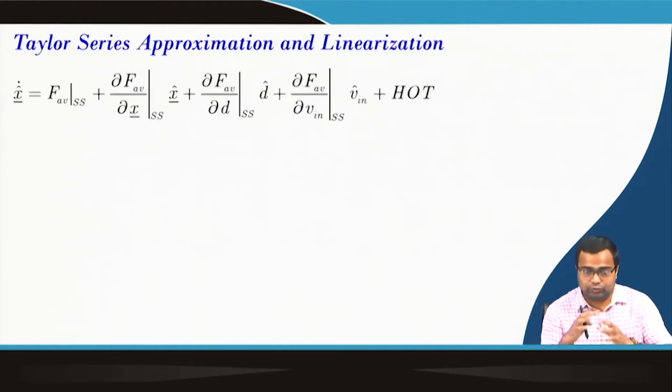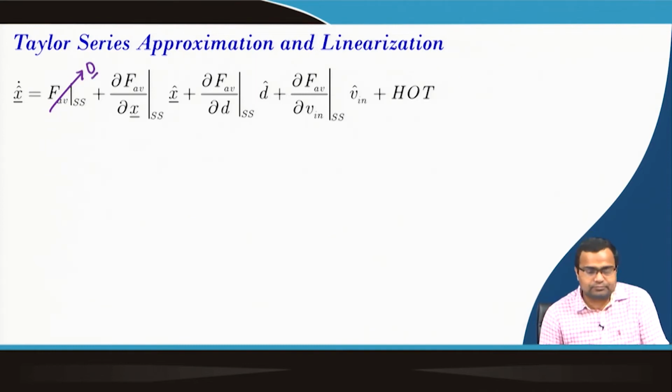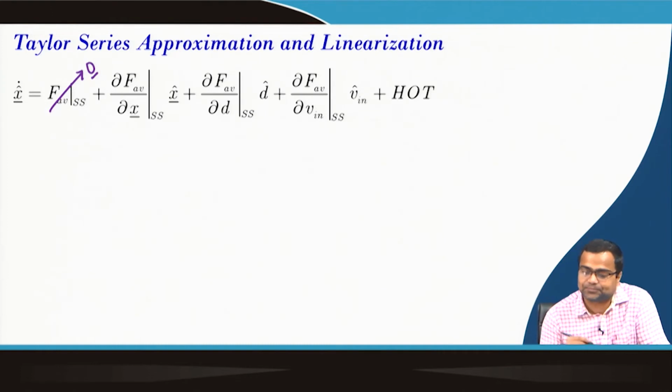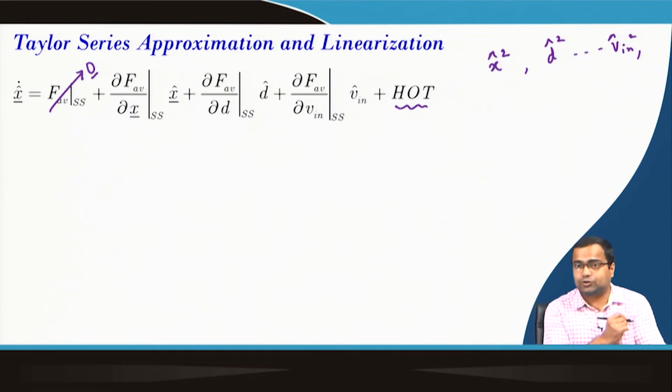Now, the next part, we need to do linearization, and we discussed that this term will eventually become 0. If we want to do Taylor series linearization, the higher order terms consist of x hat square, d hat square and so on. They will also consist of v_in hat square and other higher order terms, and we are assuming these perturbation squares or perturbation products are negligible.